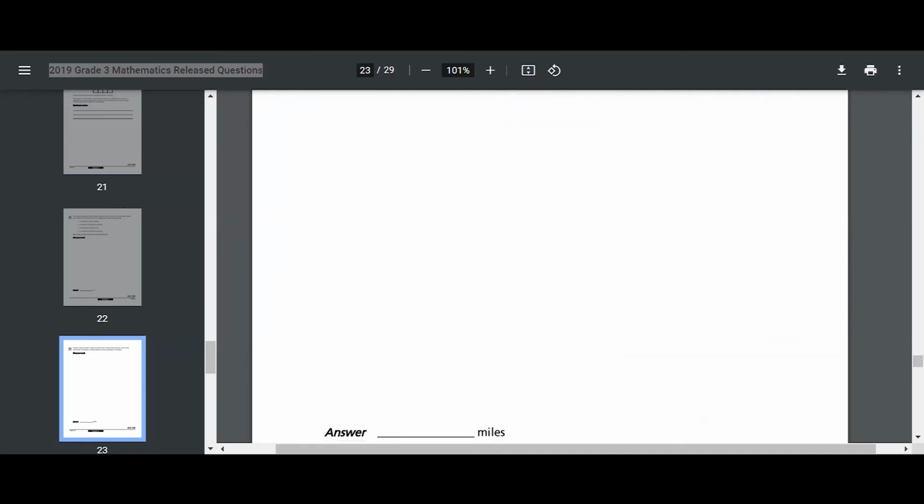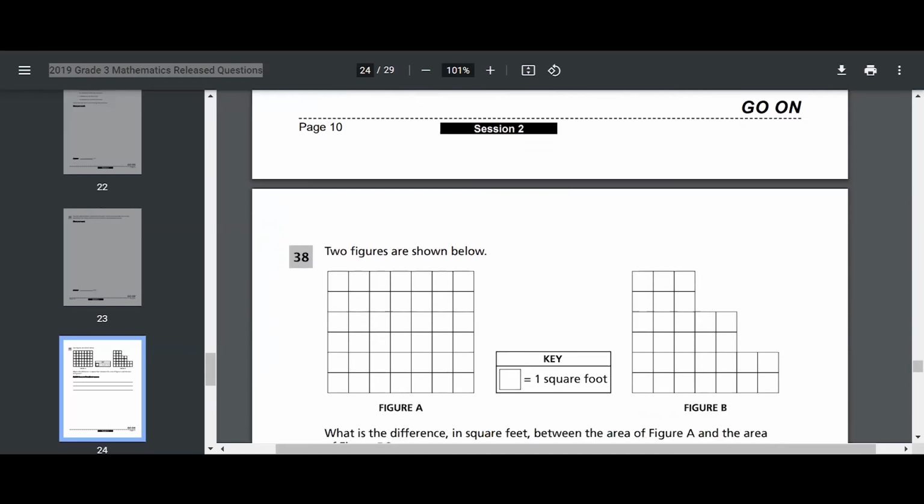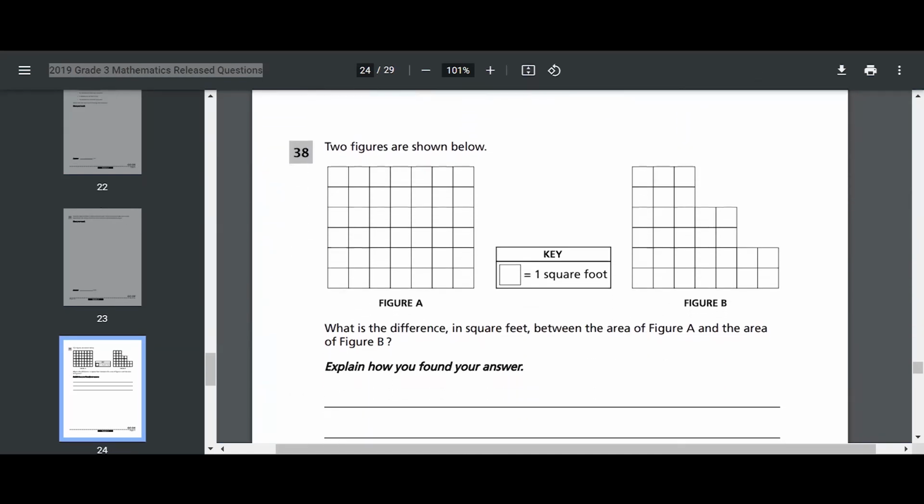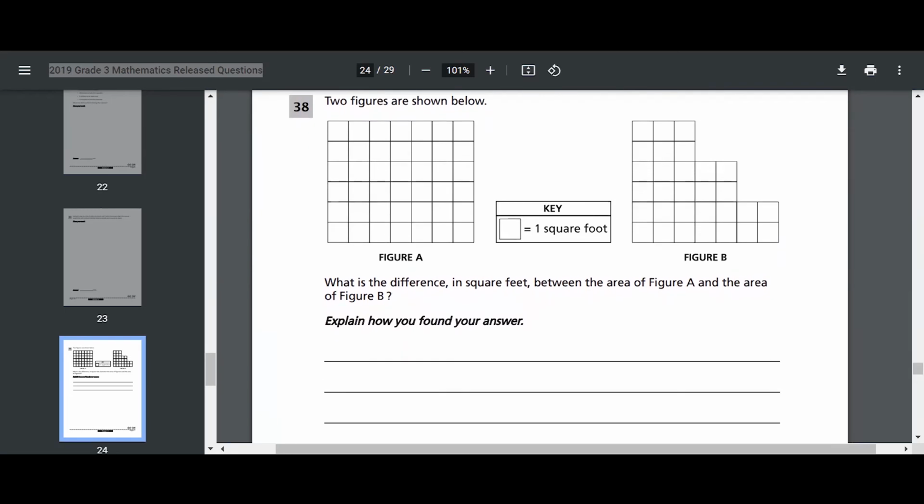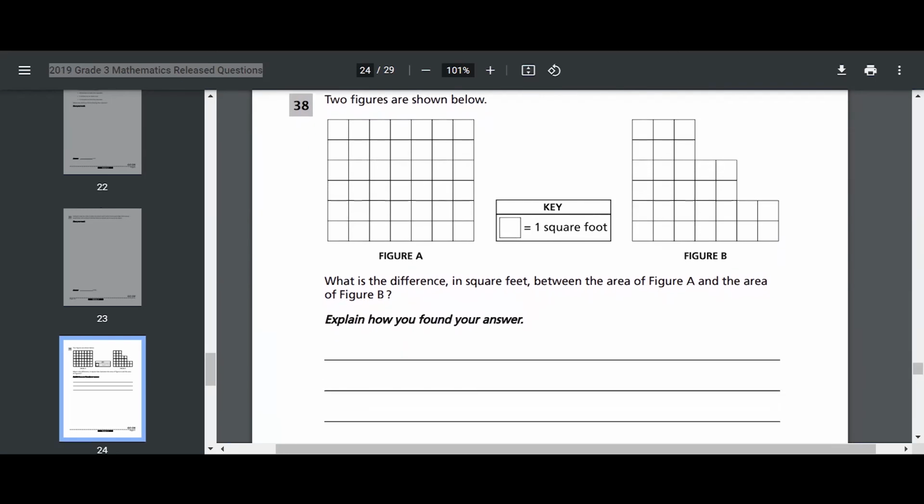We are going down to question 38. Two figures are shown below. What is the difference in square feet between the area of figure A and the area of figure B? Remember that there is a key for this equation, and the key shows 1 square equals 1 square foot.